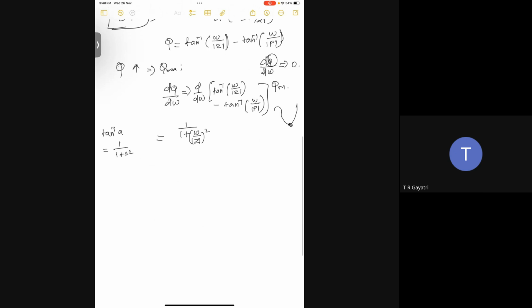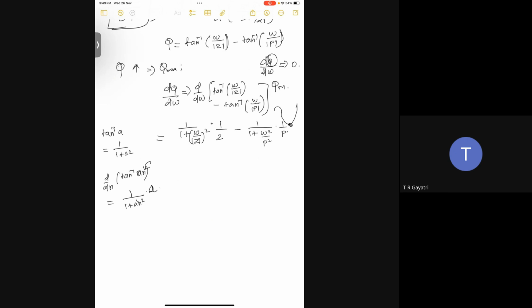If I calculate d by dx of tan inverse of ax, it will be 1 by 1 plus (ax) square, into a, because the derivative with respect to x should be taken. So this will be 1 by 1 plus (omega by z) whole square into 1 by z, minus the same thing again for this, 1 by 1 plus (omega by p) whole square into 1 by p.